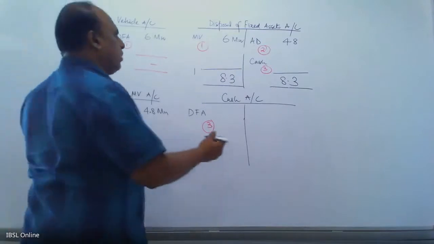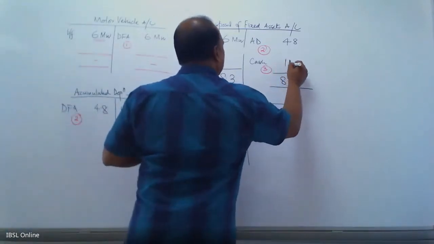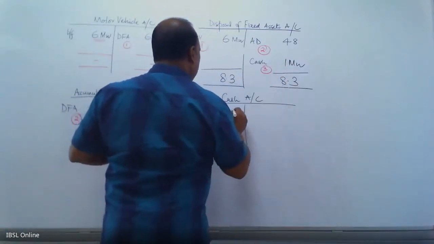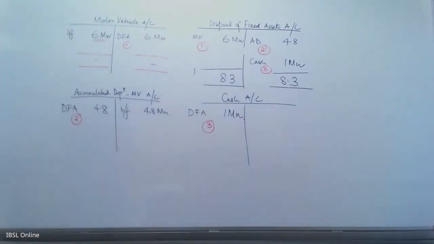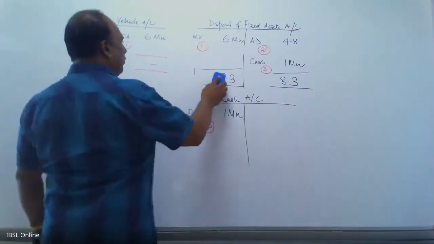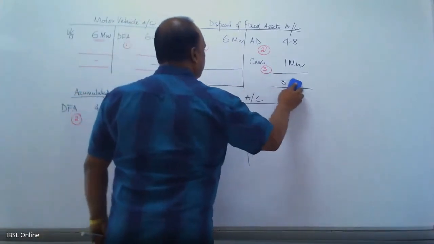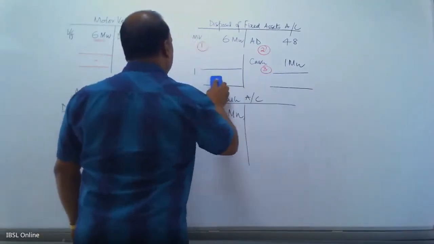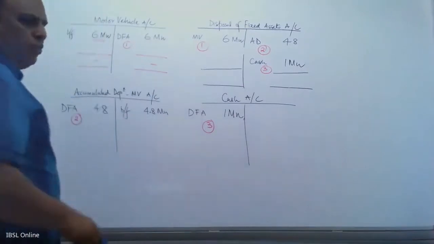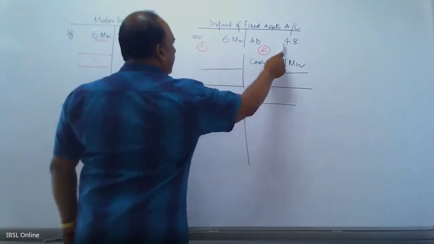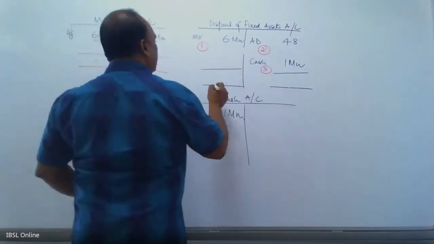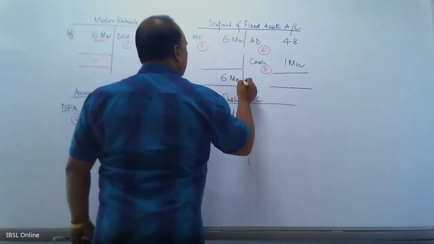I've sold it for 1 million because I have used it heavily, so I can't sell it for more than that. Only 1 million. Now let's see what happens. If I had sold it for 1 million, what will happen? If you now look at it, 6 million on this side, 5.8 million on this side. So 6 million is more.